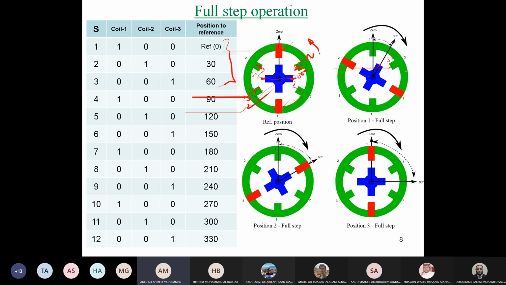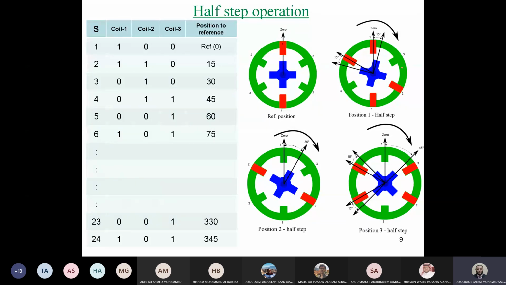Energizing step by step, moving from 2 to 1, for example, by energizing 2 coils. Excellent. This is actually the way how we can make half step operation. So guys, this is half step. Let's understand it together. Of course, the first position is the same as in the full step operation.